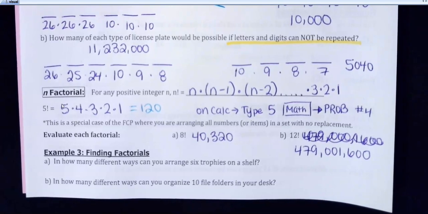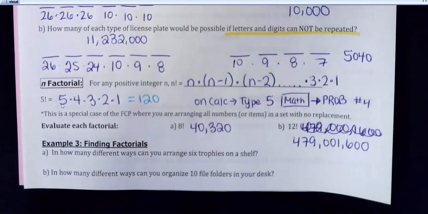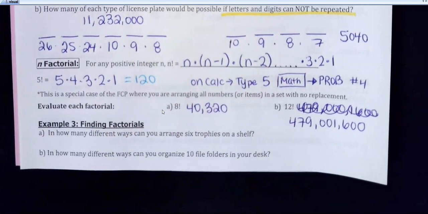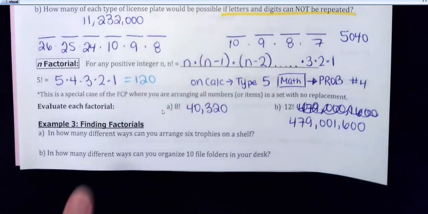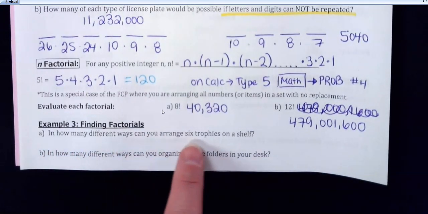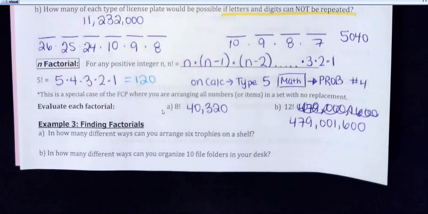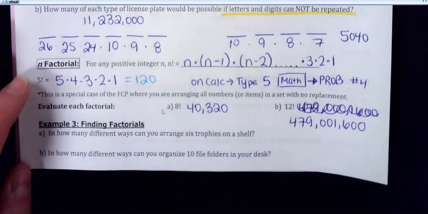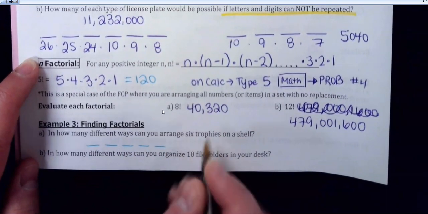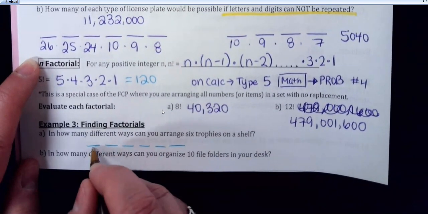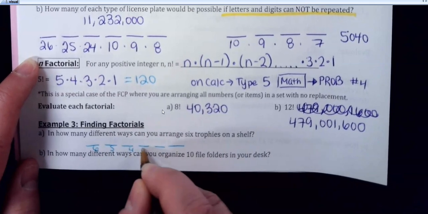Okay. Now, the factorial, like I was saying, is a special case of that fundamental counting principle where we're going to organize everything in a group. So, little example here. It says, in how many different ways can you arrange 6 trophies on a shelf? If I have 6 trophies and I'm going to line them up in a particular order, you don't have to write this, but you could do it kind of like how we did the license plates. You've got 6 things, so I'd have 6, 5, 4, 3, 2, 1.